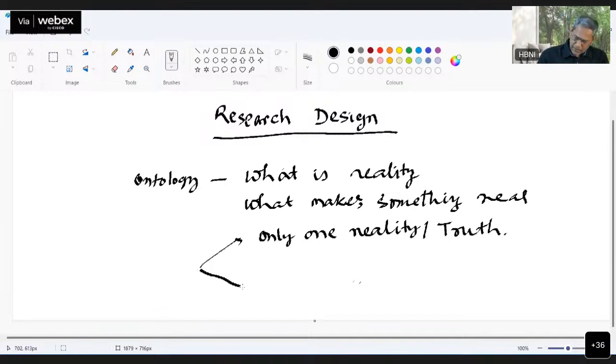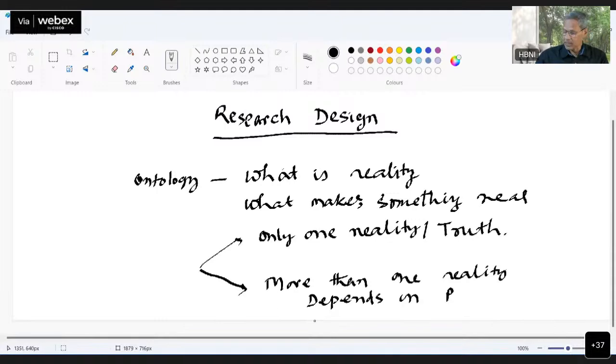The other extreme is more than one reality; it depends on the perceiver. And there is also another school of thought which is in between.